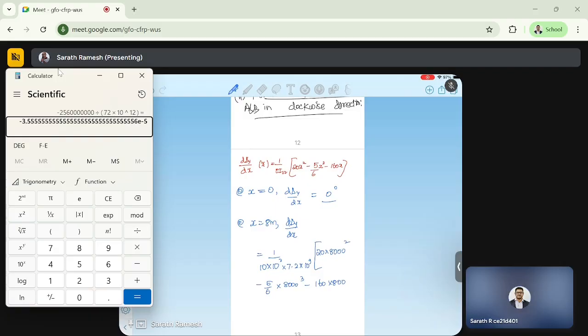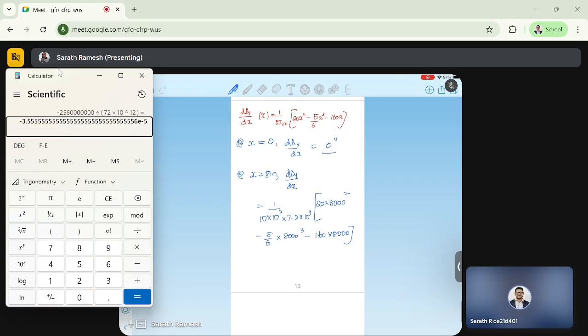I am substituting 8 meters in terms of millimeters, so I have to be a little careful.